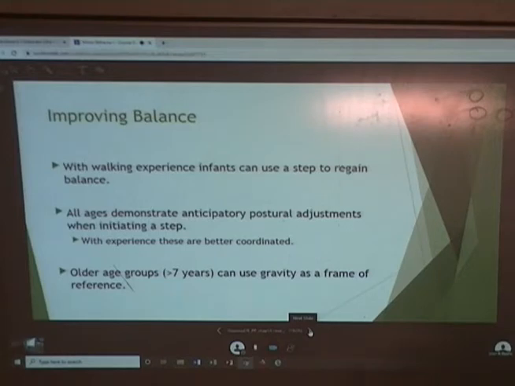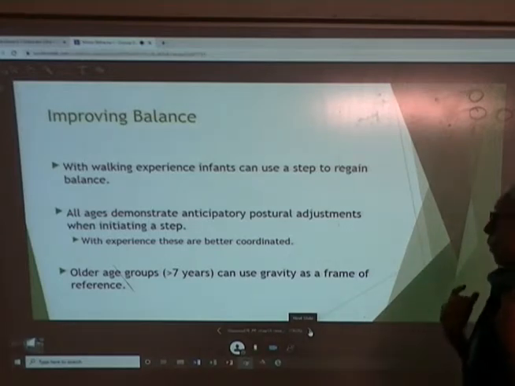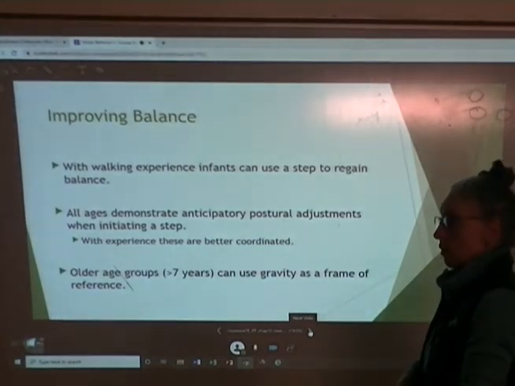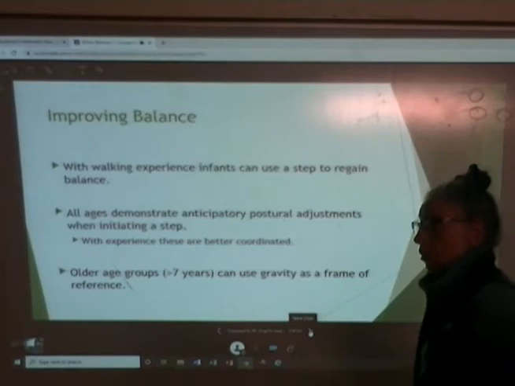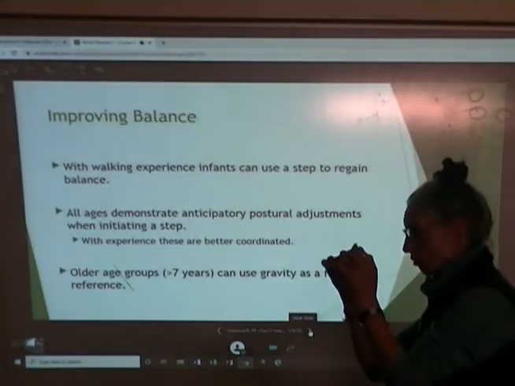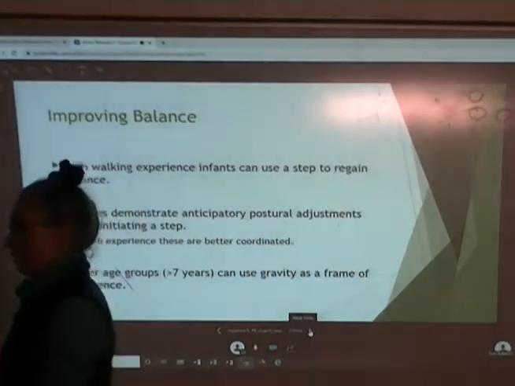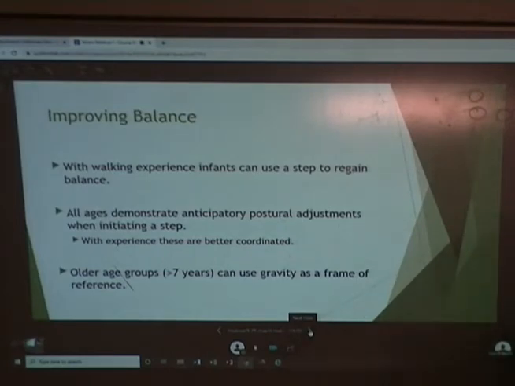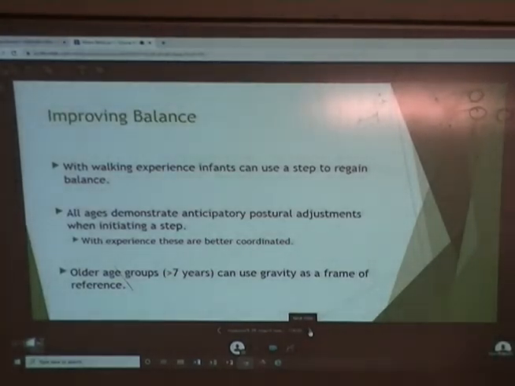So when we start to walk, we see our muscles in our core and our hips and our quads all start to contract before we initiate the step. And the more experience we have with locomotion, the better coordinated those contractions are to make sure that we're stable.